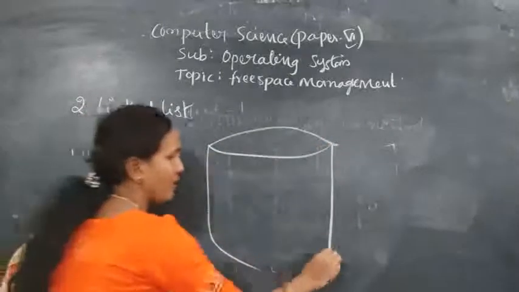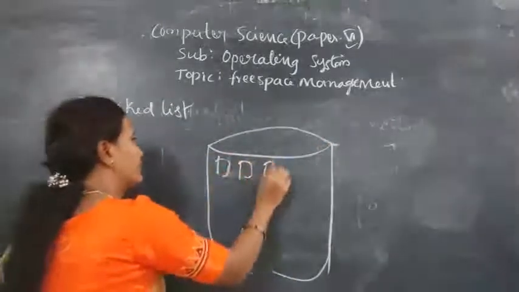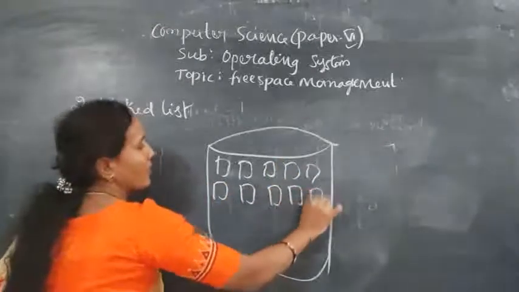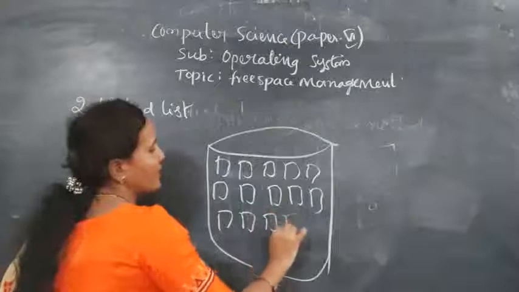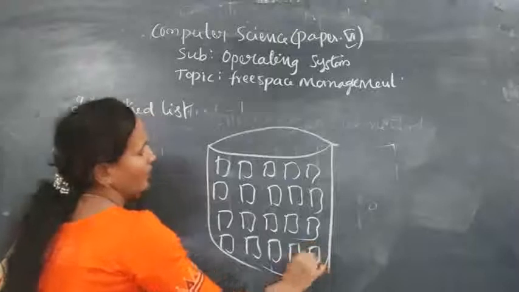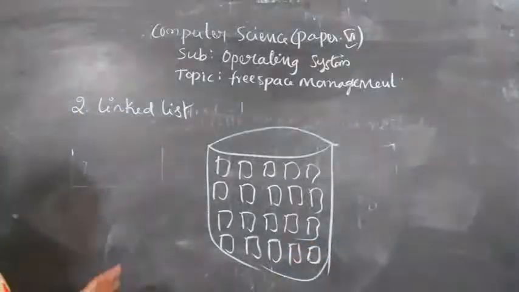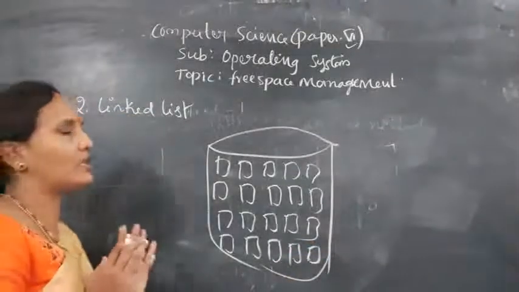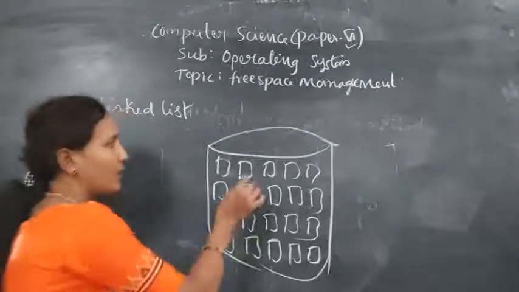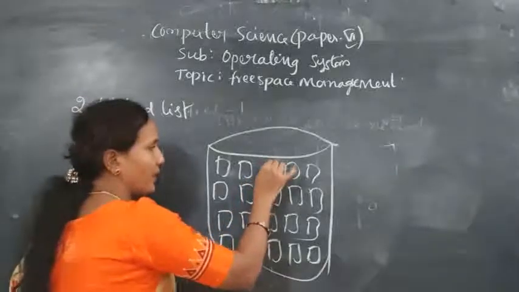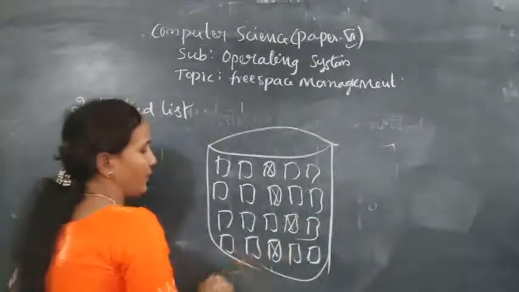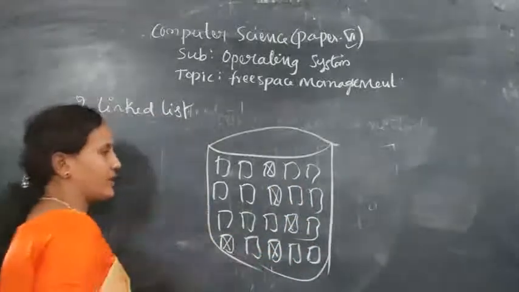In the hard disk we have a number of blocks. The total memory is divided into different parts, and each part is called one block. In this hard disk, some blocks are allocated to files and some blocks are free. For example, this block is free, this block is free, this block is free, and this block is free.